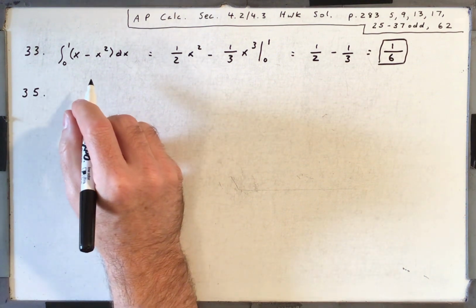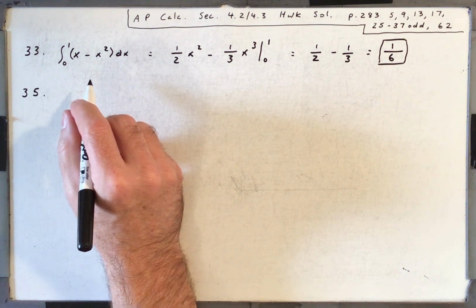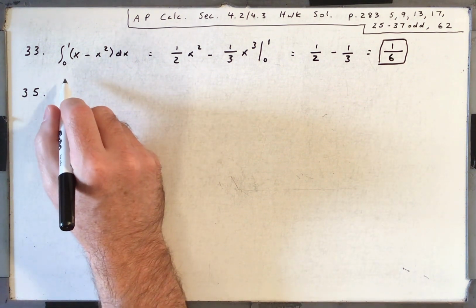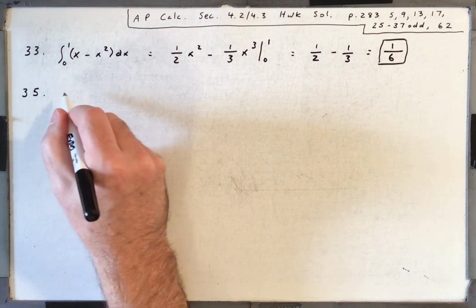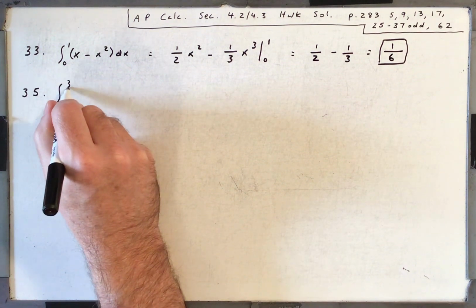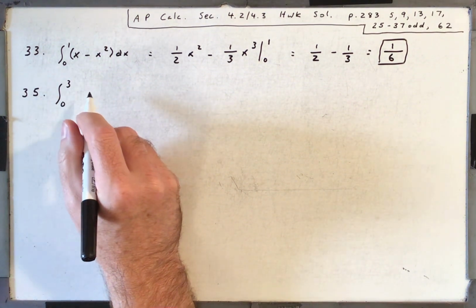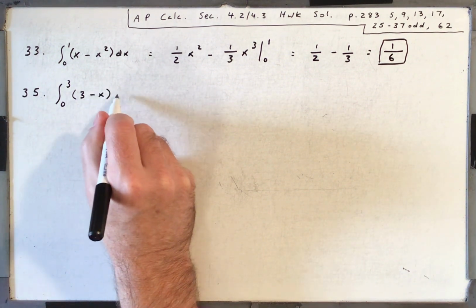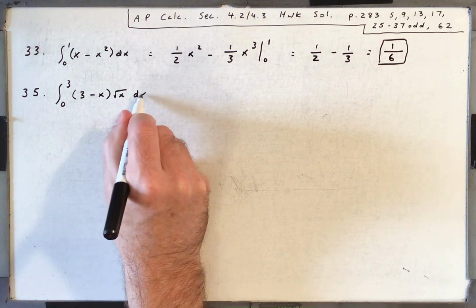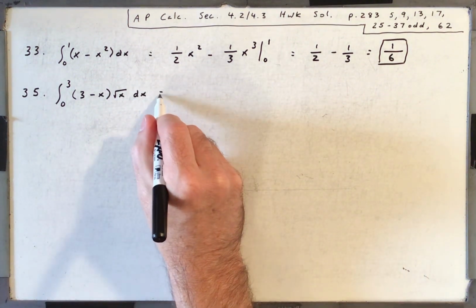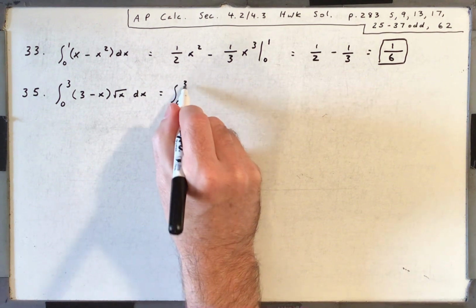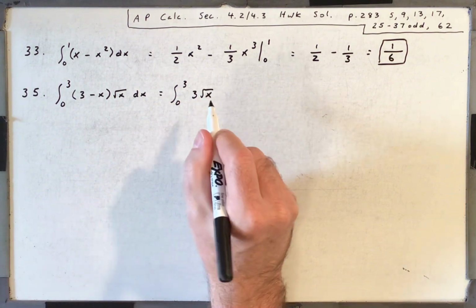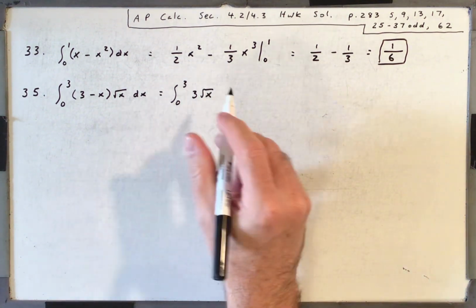Okay, we are doing 3 minus x, so we're integrating from 0 to 3 of 3 minus x times the square root of x. I'm going to rewrite this as 3 root x, and then minus x root x. Now, if I was doing this homework, I probably wouldn't show this step.